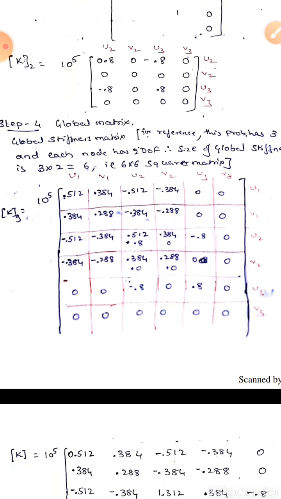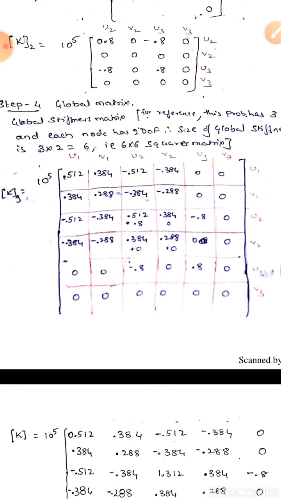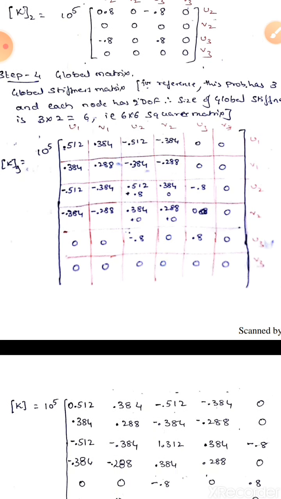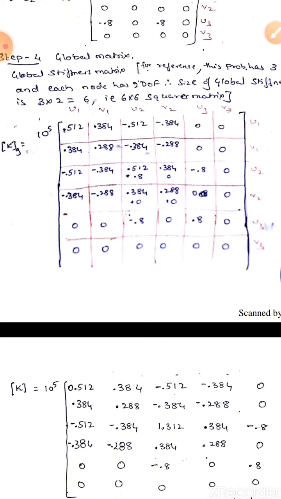For this truss we have taken 3 nodes, 1, 2 and 3, and each has displacements u and v, so 2 degrees of freedom. So the size becomes 3 nodes multiplied by 2 degrees of freedom, 3 into 2 is 6. We get a 6 into 6 square matrix.